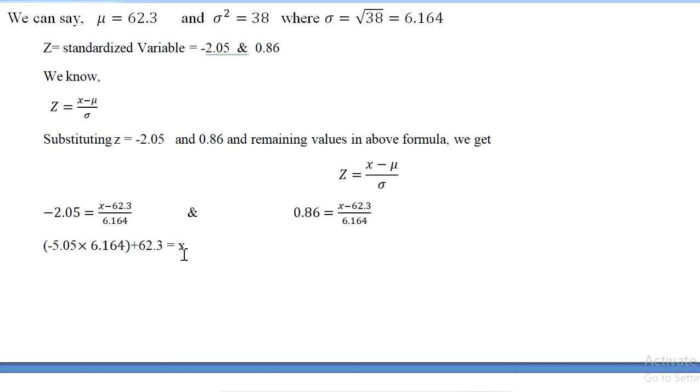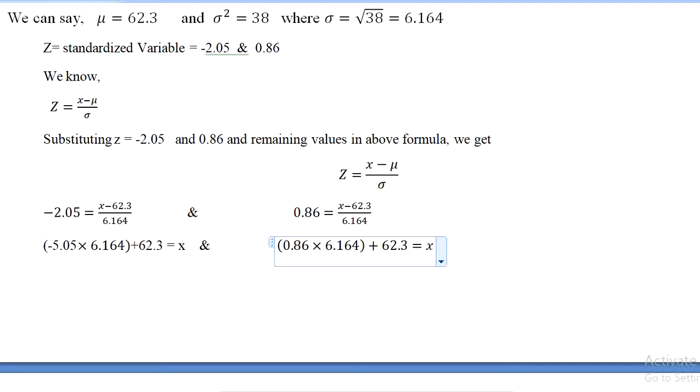This is the first value, and the second value is 0.86 into 6.164 plus 62.3.